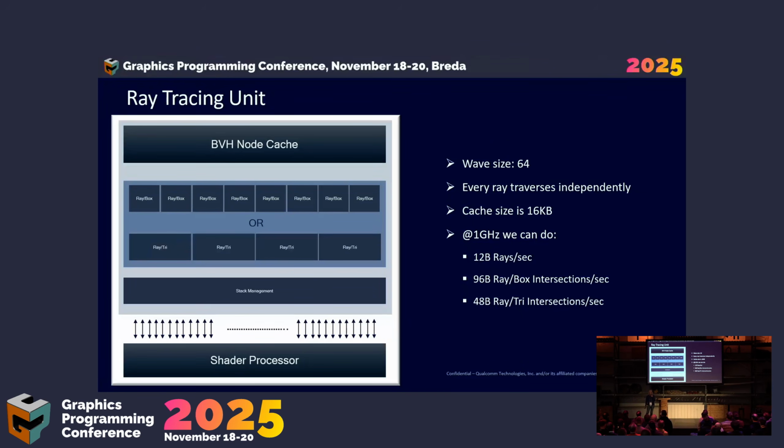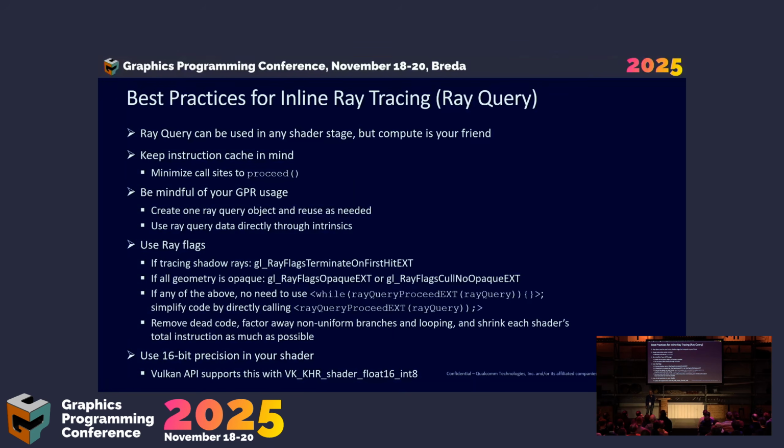This hardware is used to accelerate traversal, and APIs define two ways to do ray tracing: ray query or inline ray tracing, as well as ray pipeline. This hardware is used for both. But if you are writing your ray tracing shaders using ray query or inline ray tracing, maybe you can keep some of these things in mind.